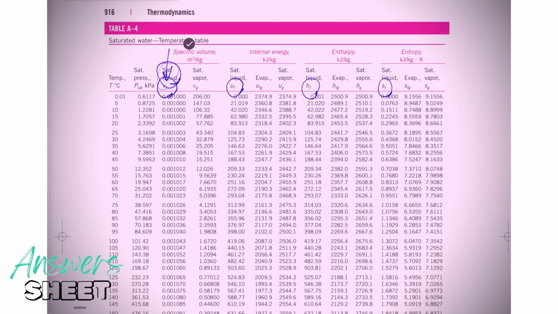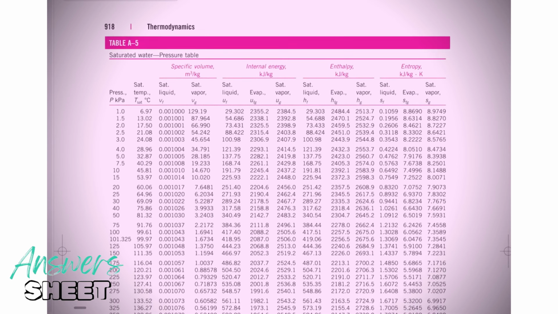So maybe I know it's a saturated liquid at that temperature. There's its specific volume, here's its internal energy, here's its enthalpy, here's its entropy. Table A4 is for water. It is saturated, and it is organized by temperature, whereas table A5 is organized by pressure.